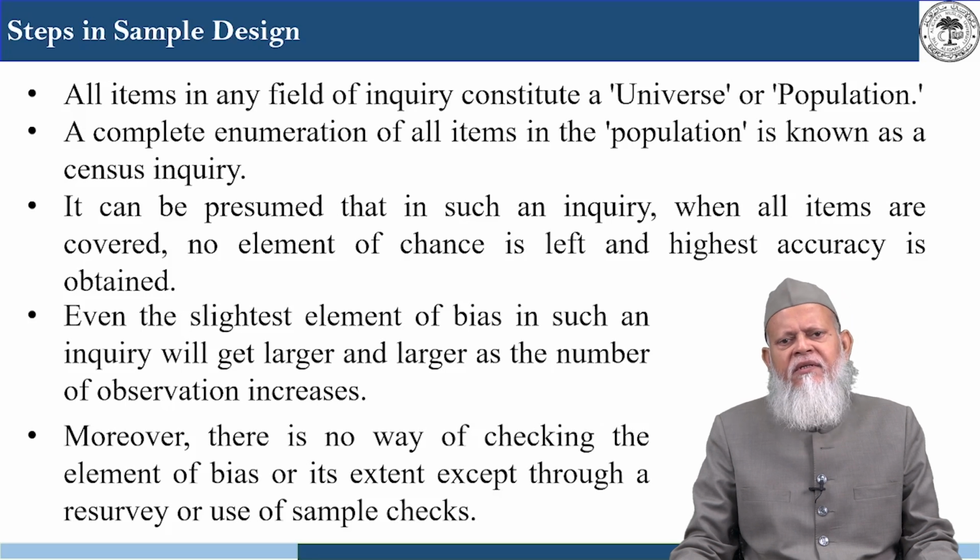In such a census inquiry, all items have been covered. The opinion of all the members of the population has been taken. Their response regarding the problem has been sought.